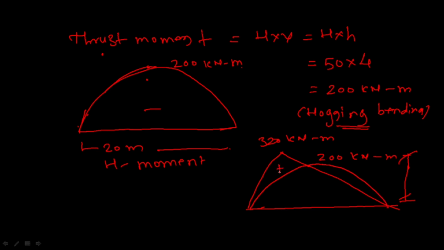This part is positive, this part is negative, because this diagram is negative, and the common area gets canceled out.